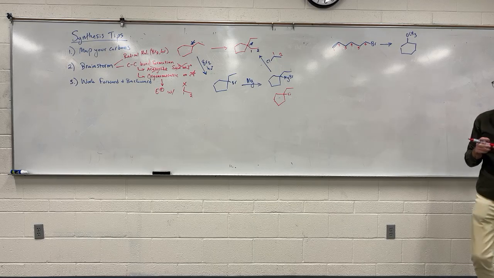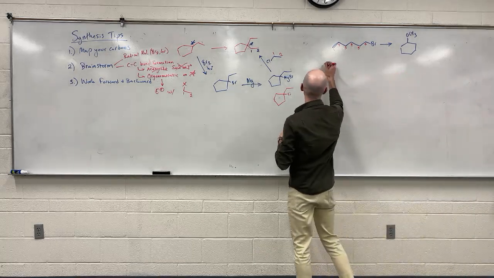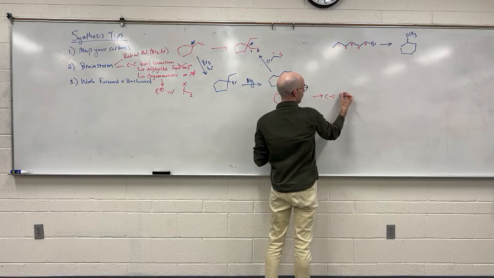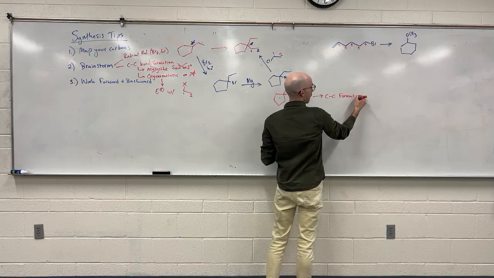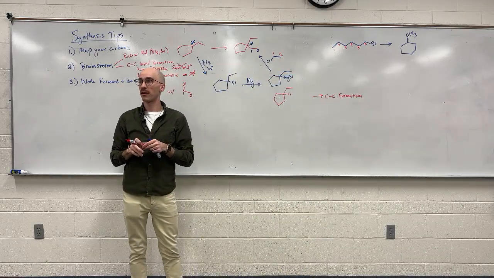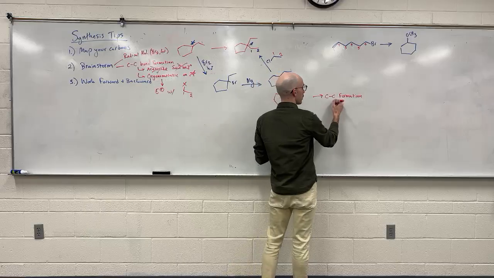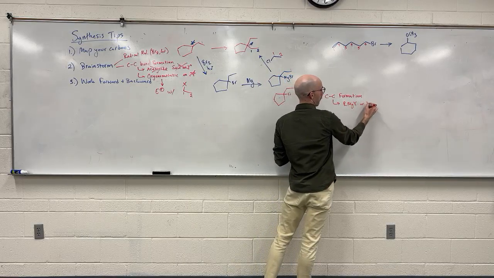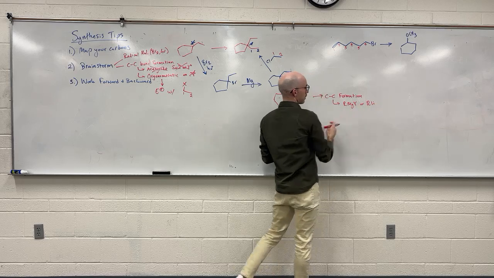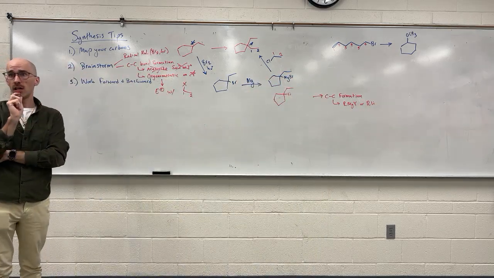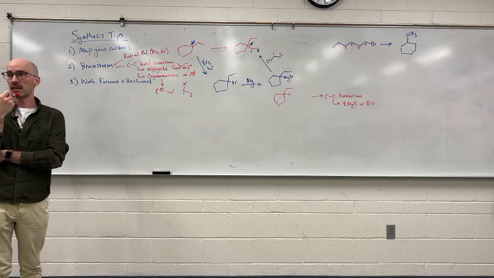How do I make that carbon-carbon bond? That's part of my brainstorming. I'm going to need carbon-carbon bond formation. That should make me think to produce some sort of Grignard or organolithium. So I'm suspecting carbon 6 would be a great spot to make an organomagnesium halide.